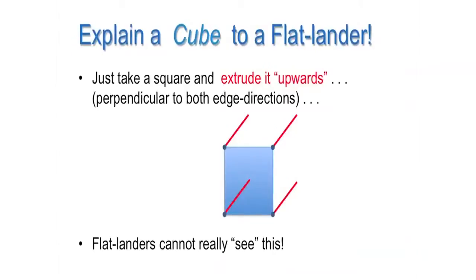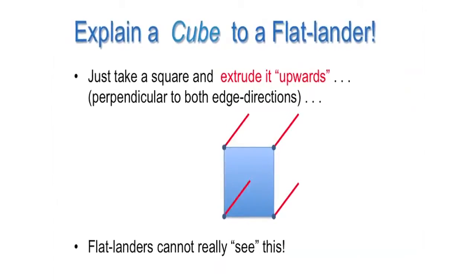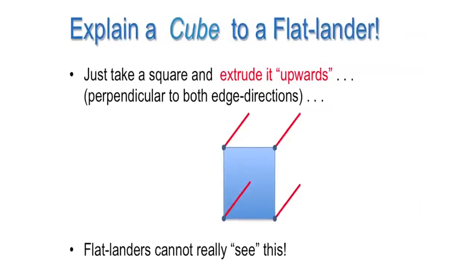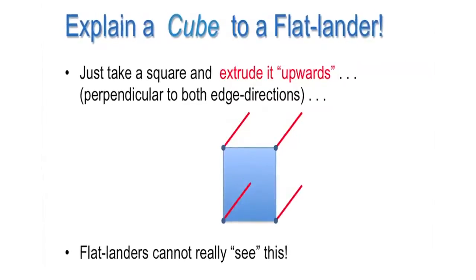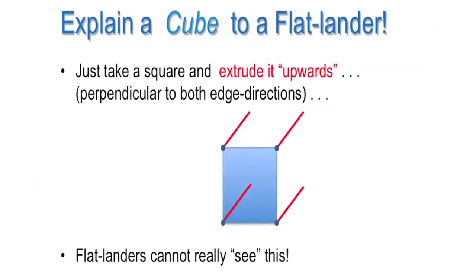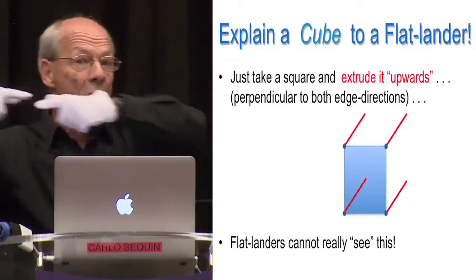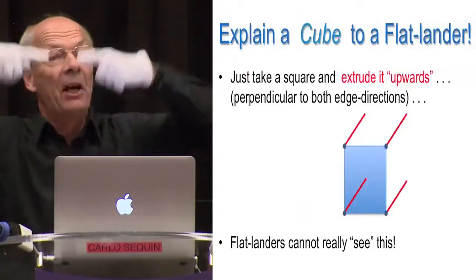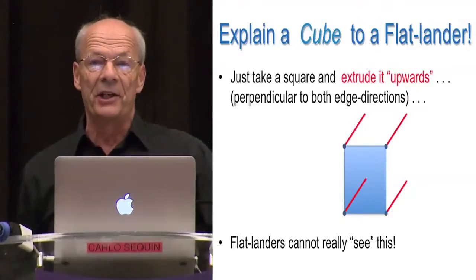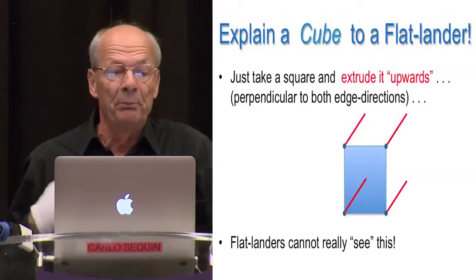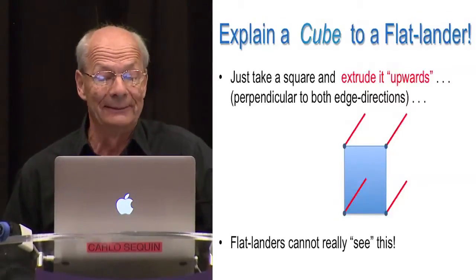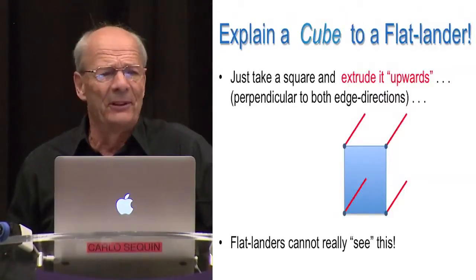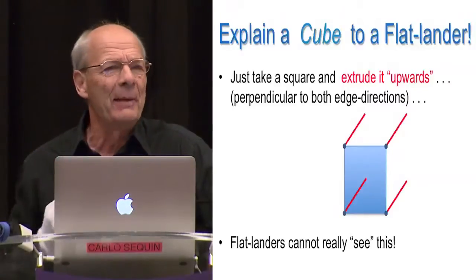But one day, a visitor comes from the 3D world and tries to explain to them what a cube is. She says, just take that square and move it upwards. No, not diagonally, really upwards, and upwards means a direction that is perpendicular to both of the edges of your square. And those flatworms, they scratch their heads and they have a hard time of really doing that.